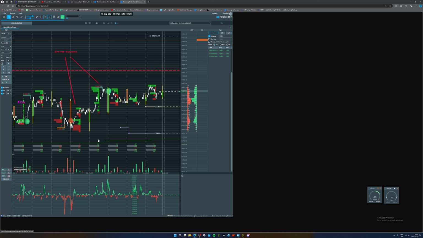Just comparing minus 218 and maximum delta, so maximum delta 578. So aggressive buyers outnumbered aggressive sellers in these two candles. Yeah, when I see that, I enter my trade.